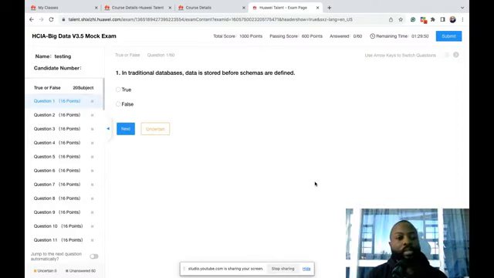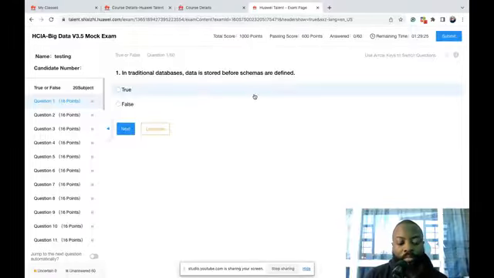True or false? In traditional databases, data is stored before the schema is defined. Okay, I think I'll go for false on that one.